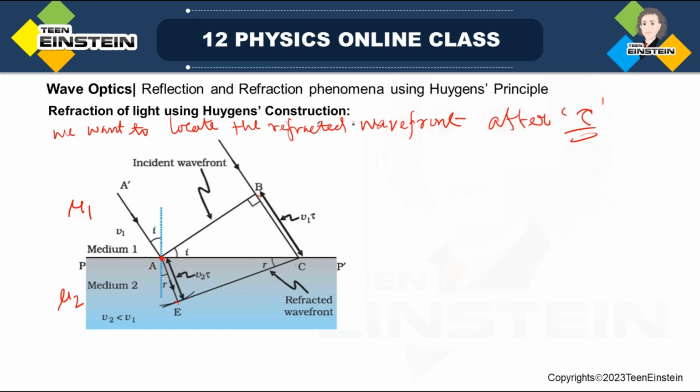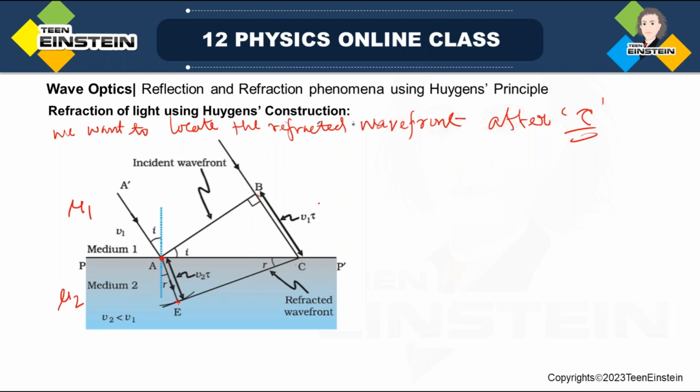So just after reaching here, I'm taking one wavelet which is moving in the second medium from this A point till E, and by that time the incident wavefront will reach this interface from B to C by that time tau. Okay, that is the physics over here.